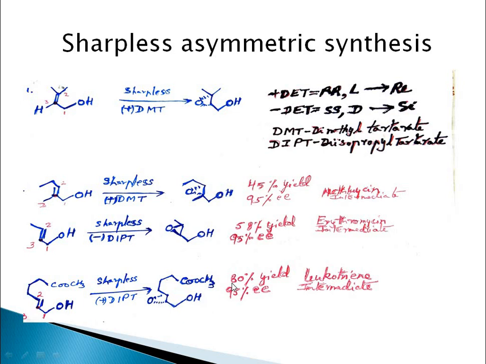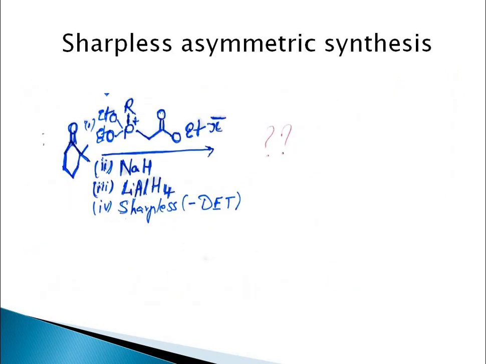This will be the product, 80% yield and 95% enantiomeric excess. Leukotriene, another biologically important pharmaceutical compound, this is an intermediate for that. So these were the examples for Sharpless asymmetric synthesis, this important name reaction.